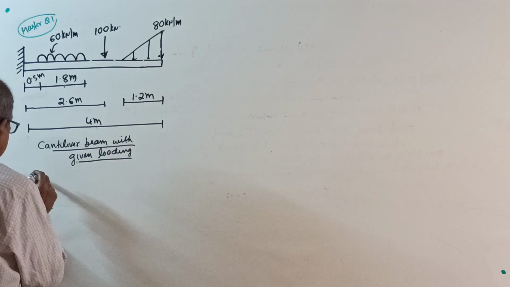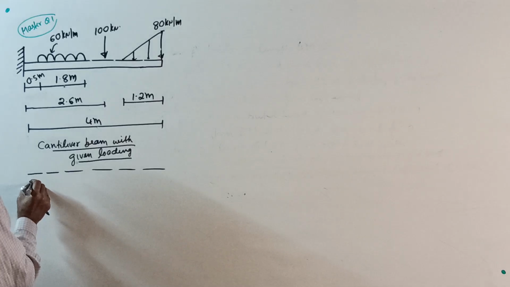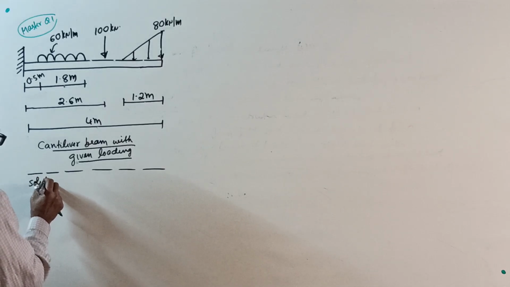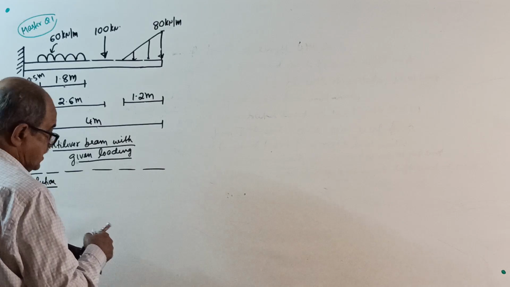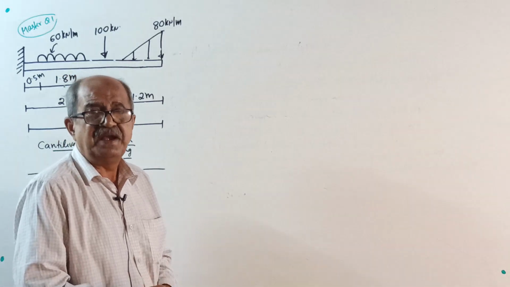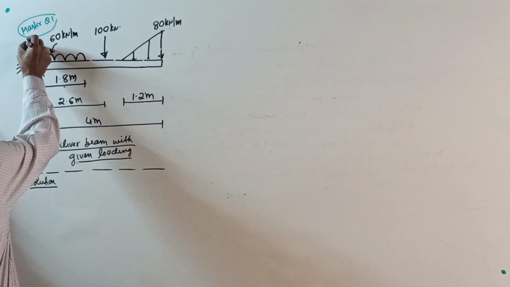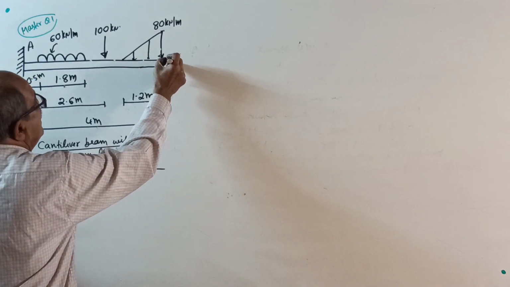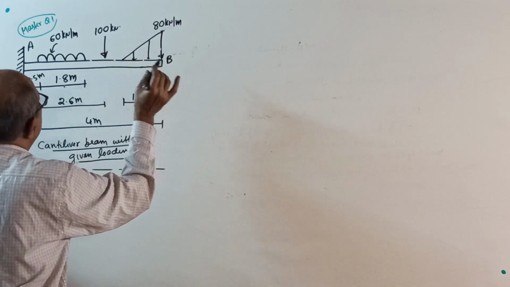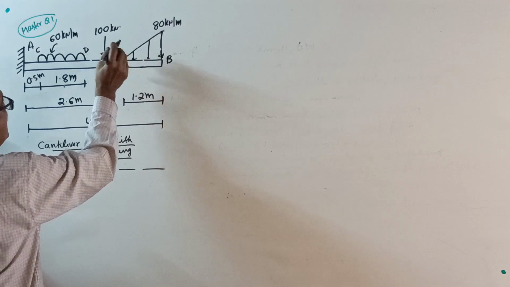See, now, I will write here, solution. First, I will dictate something that you should write. This is fixed. This point I will call A. This I will call B. Intermediate points, I will tell this is C, this is D, this is E, this is F, to understand later.